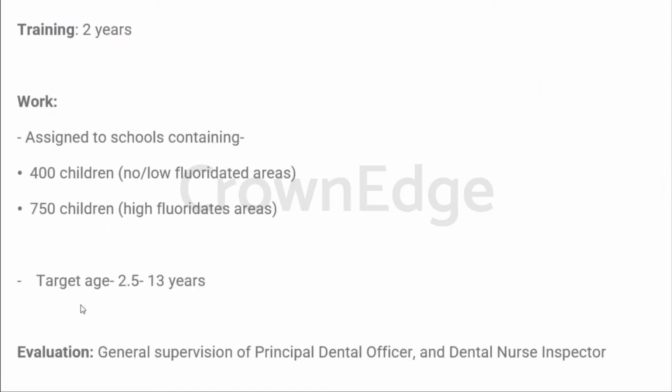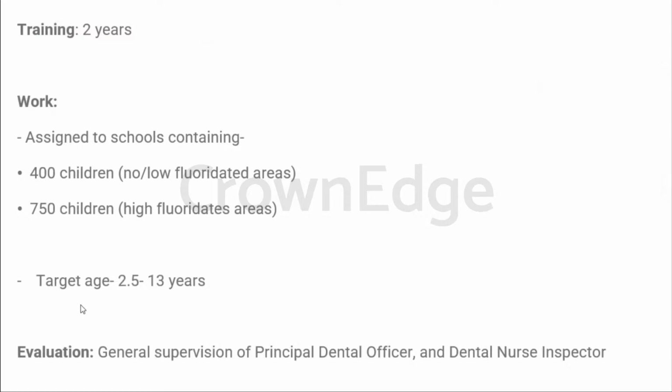These dental nurses are trained for 2 years. They undergo training for 2 years, and post that, through the government, they are assigned to schools. Now, there's one dental nurse assigned to a school of 400 children in areas where there is no fluoridation or low fluoridated areas, and to schools containing up to 750 to 1000 children in areas where there are other methods of fluoridation available.